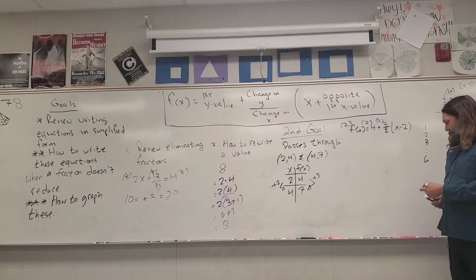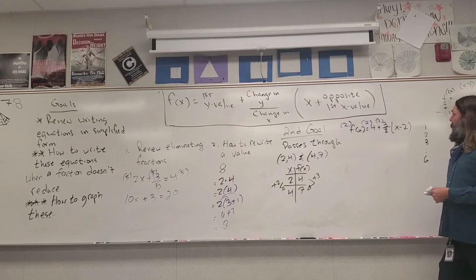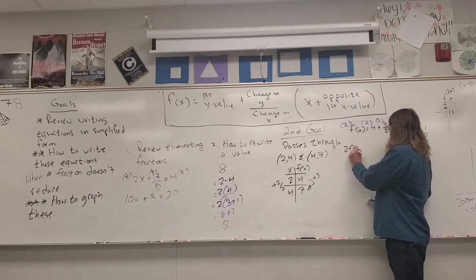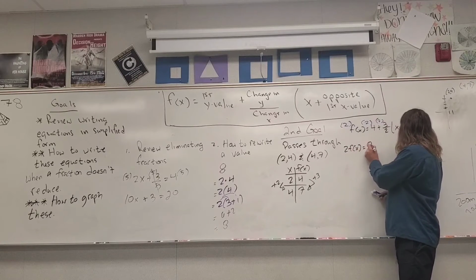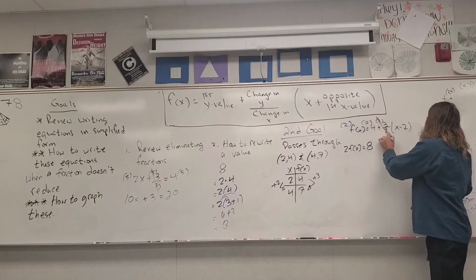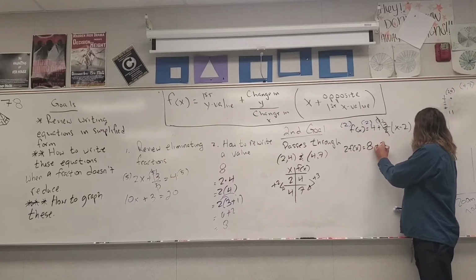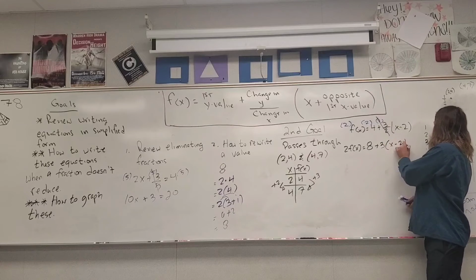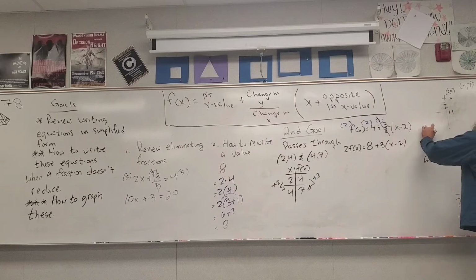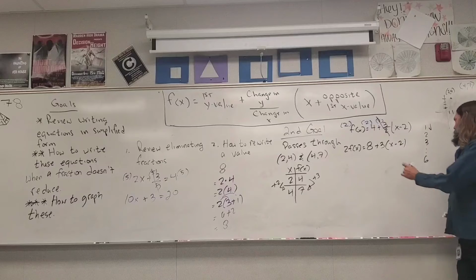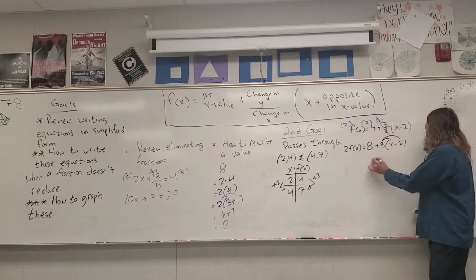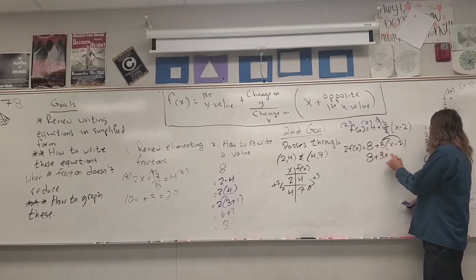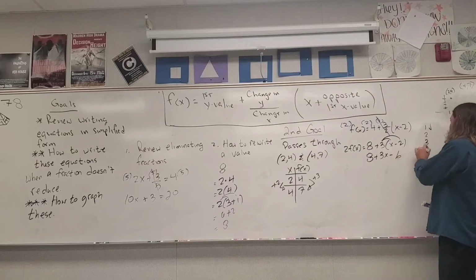All right, so let's see here. So now this becomes 2f of x equals 8. These 2's cancel, plus 3 now, times x minus 2. I eliminated my fractions. Now I'm going to distribute. And I get 8 plus 3x. 3 times negative 2, that's minus 6.